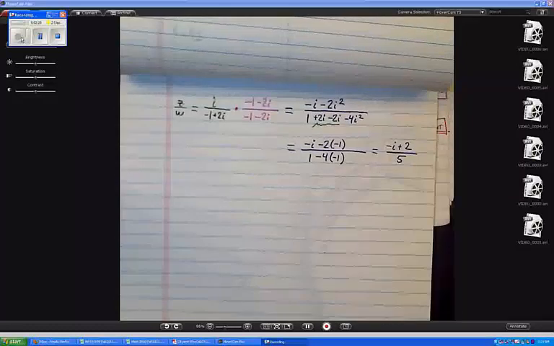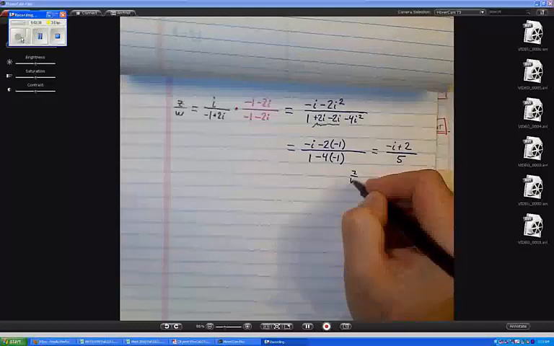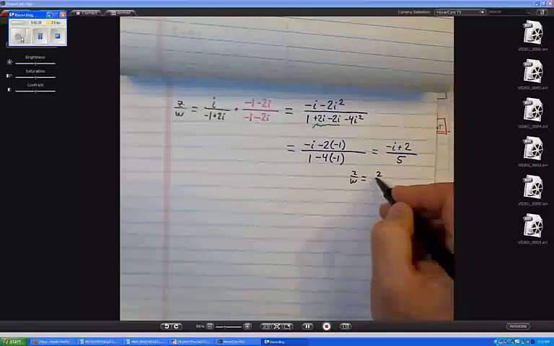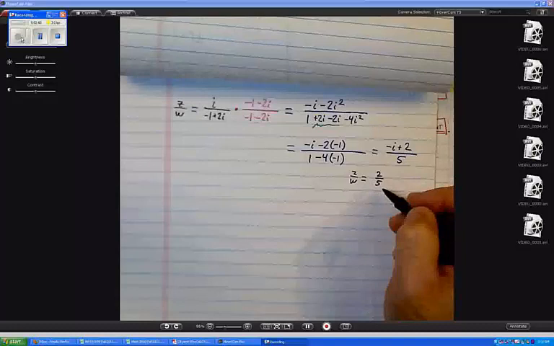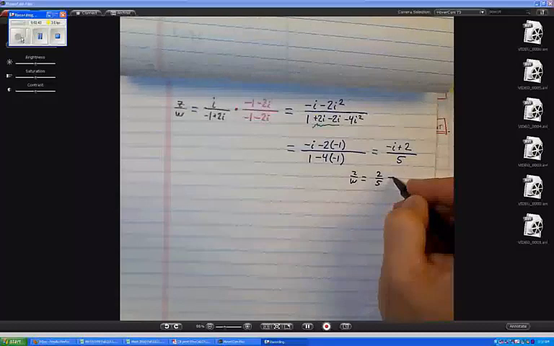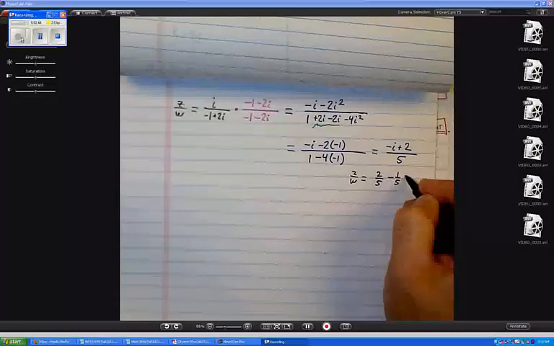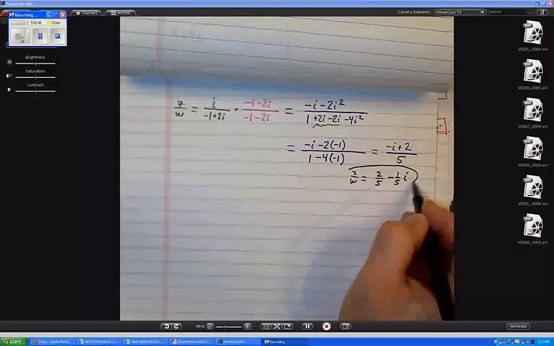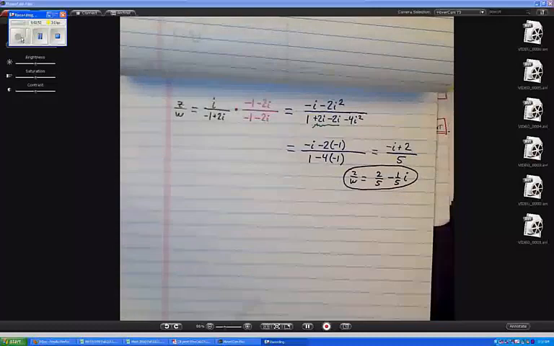That's kind of nice. But again, I'd really like to write it in the form a plus bi. So I'm going to write that Z over W is equal to, I guess I would write the real part first. What's the real part going to be? 2/5. And then maybe I would write minus 1/5 of I. That's how you could do the minus I over 5. And that would be my answer to this problem. Yeah, I'm glad you guessed that.